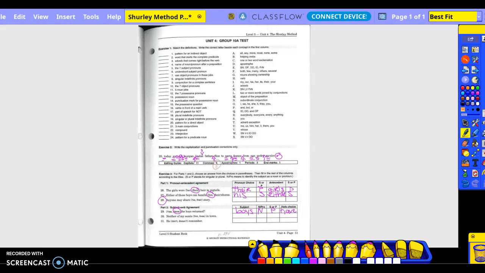Neither of mine and it's actually lives. Okay, so we picked lives. Okay, now what did we pick lives for? Because is it referring to and or neither? It's referring to neither.